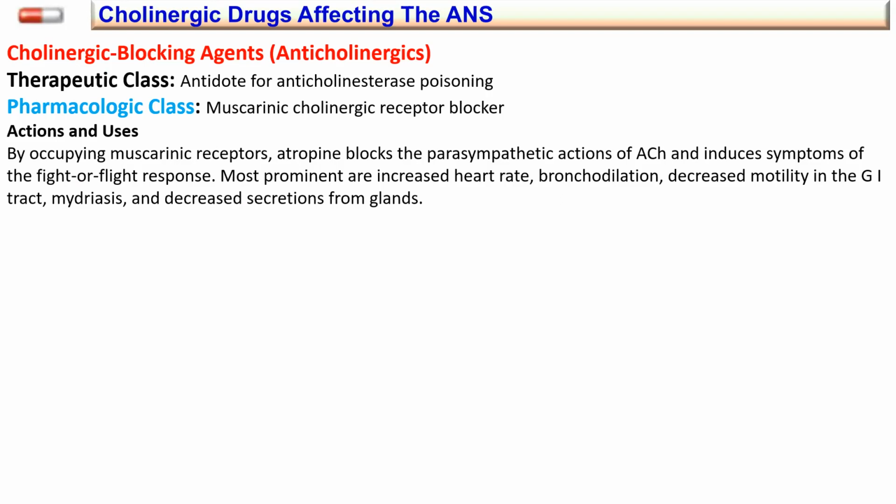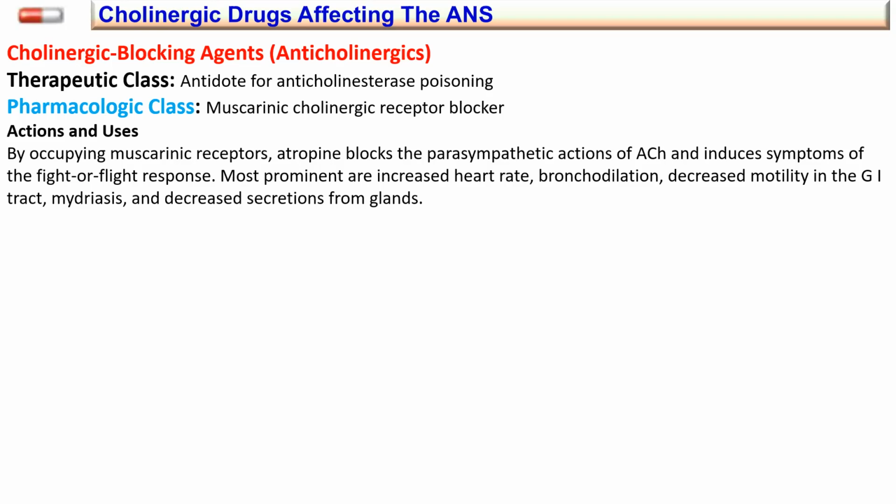So atropine will block the parasympathetic action of acetylcholine and induce symptoms of the fight or flight response. Most prominent is increased heart rate. When you give atropine, the heart rate will jump.